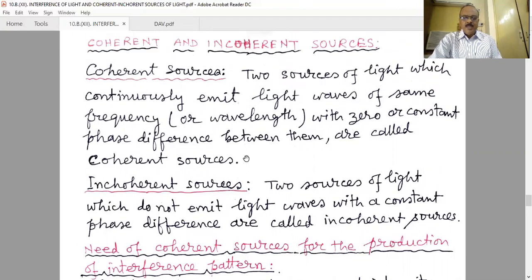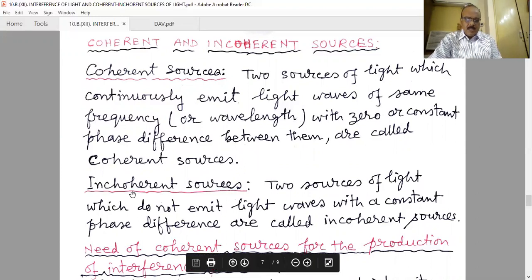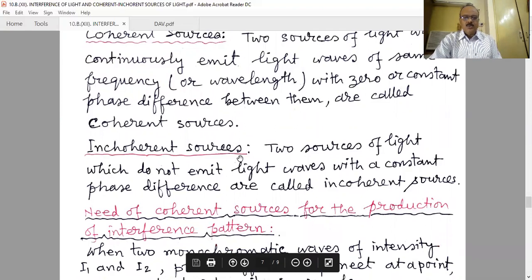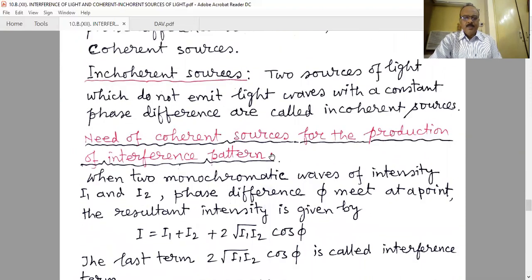That means even if the light coming from the two sources has the same frequency or wavelength and continuously emits light, but if there is no constant phase relationship between the two waves, that means there is always variation of phi, then we cannot observe the interference pattern. And in such a case, these two sources will be known as incoherent sources of light.